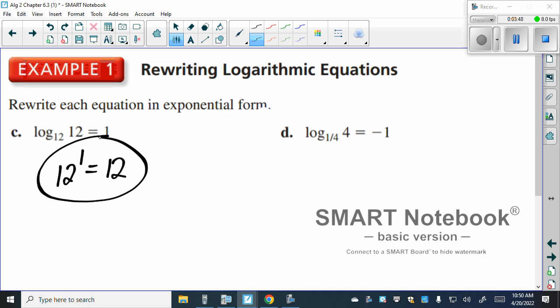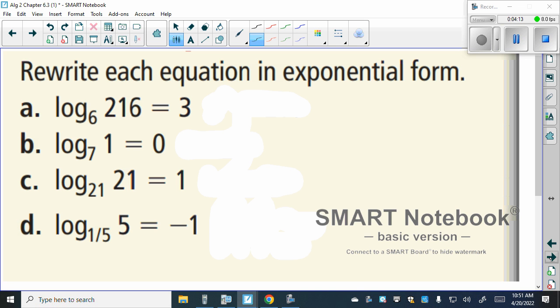Log base 1/4 of 4 equals -1. What would we have? Questions on this here? Okay, let's look at the next one.